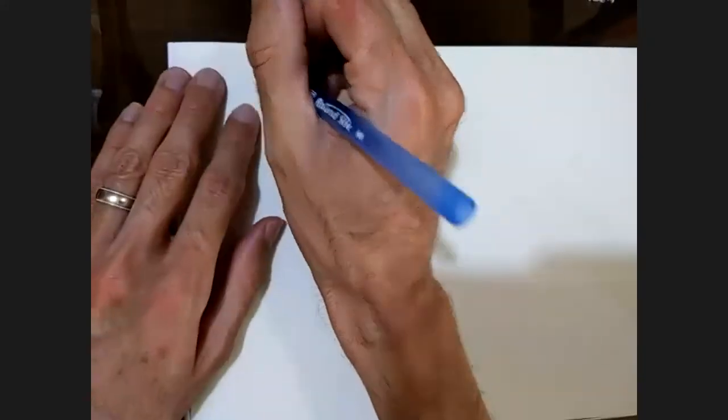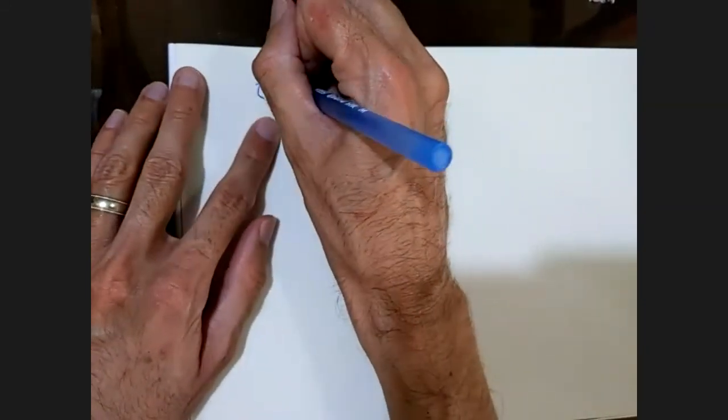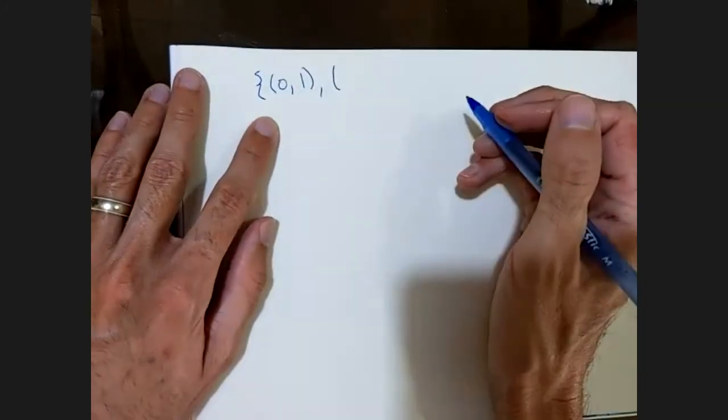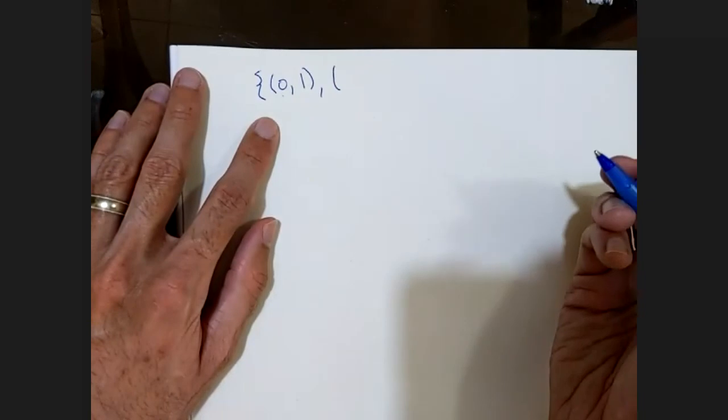Just a quick example. Now to write down a function, I just write down a set of ordered pairs. In order to have a function, I can't write the same thing in the first coordinate twice.